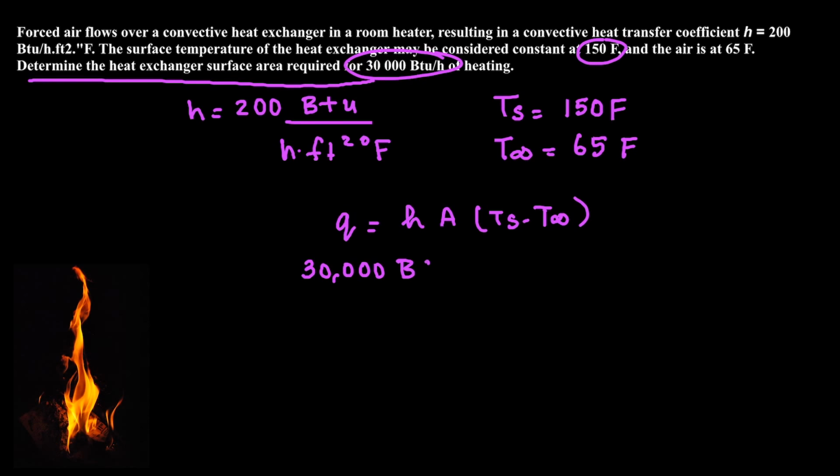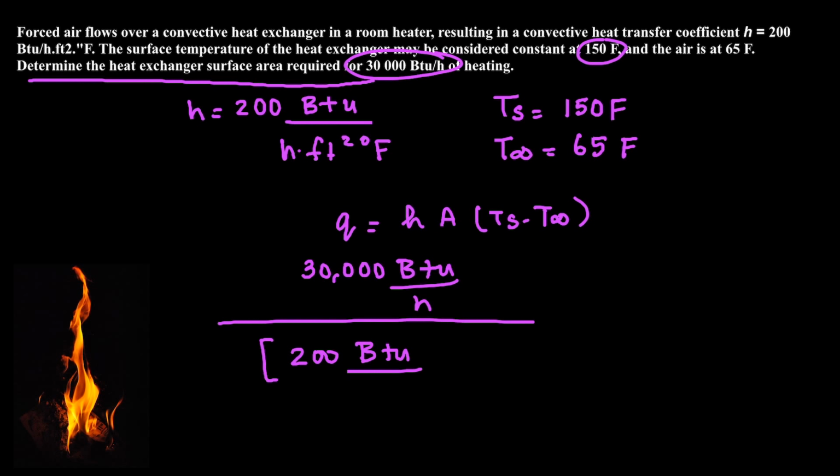30,000 BTU per hour, divide this whole thing by 200 BTU per hour feet squared degrees Fahrenheit, and divide by 150 minus 65, and you get, let's put everything back in the calculator. 150 minus 65.